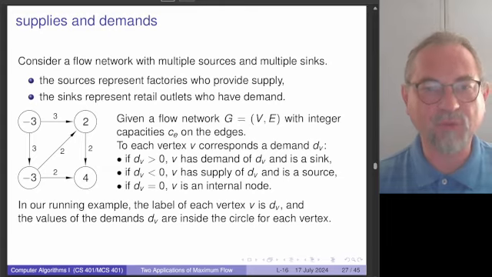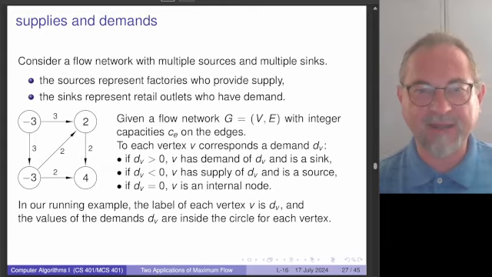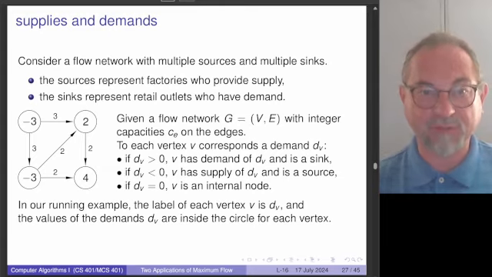So we have 2 nodes that provide supply with negative demand, and then the nodes that have positive demand. And we have directed edges with integer capacities, which indicate how much flow can exist from one vertex to another.